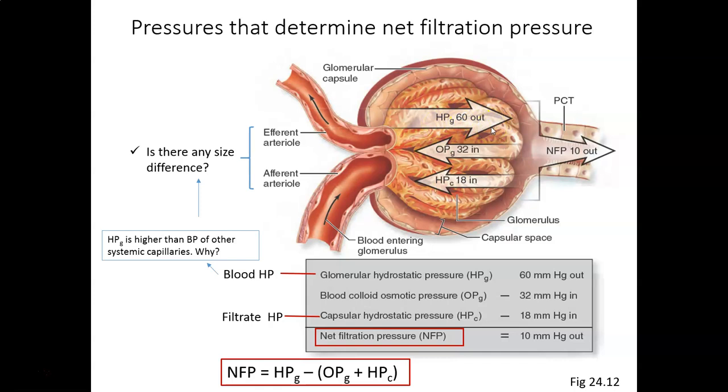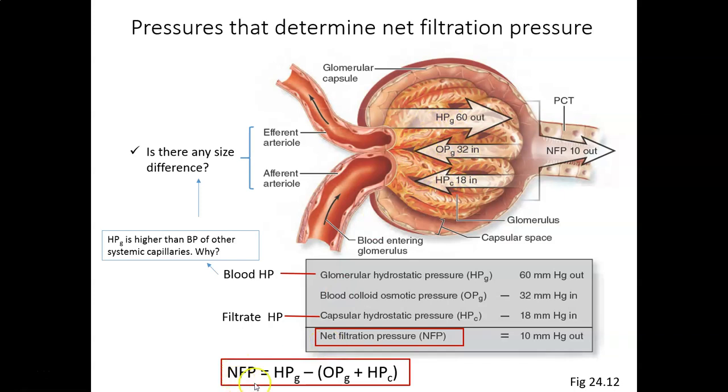In order for the filtration to form, you need HPG to be bigger than HPC, but HPG also has to be bigger than OPG and HPC together, because those two oppose HPG. So you have to subtract those two from HPG.